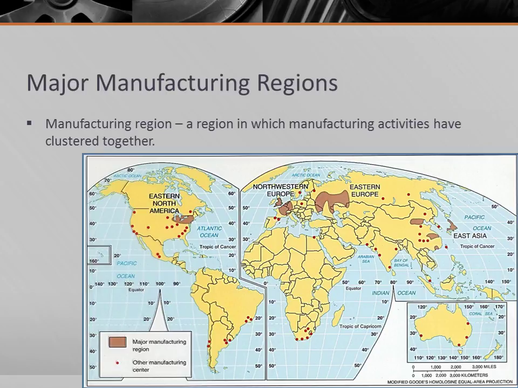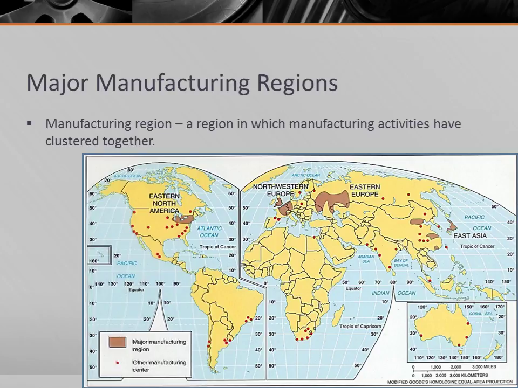So the map that you're looking at here is a good example of a blend of choropleth with dot distribution. It's very specifically dot distribution because those red dots are manufacturing areas. But to a certain extent, it's also choropleth because that brown shade that you see are our major manufacturing areas.